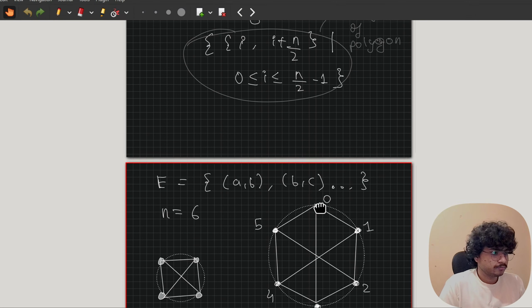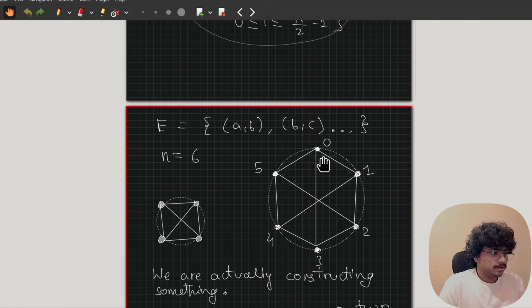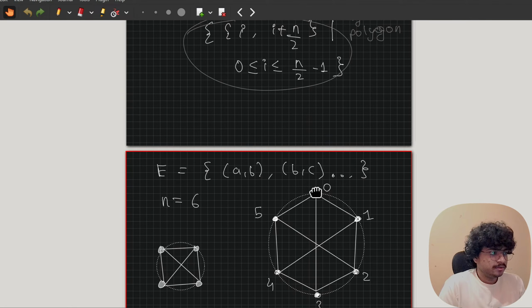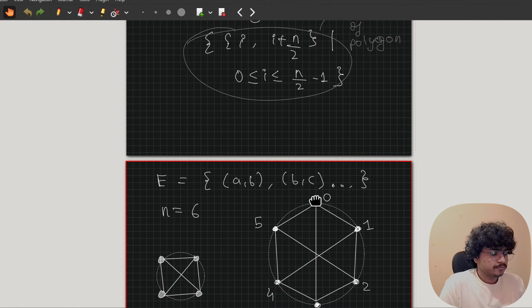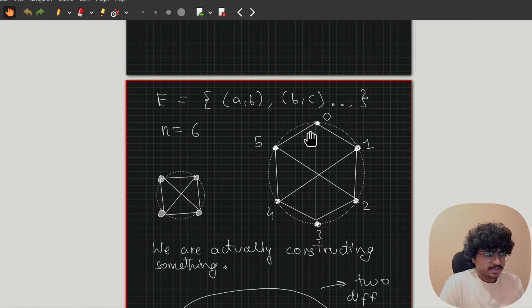So if you have i, then n by 2, basically you are halving whatever number of points you have, and then add the offset. The offset is the ith node.